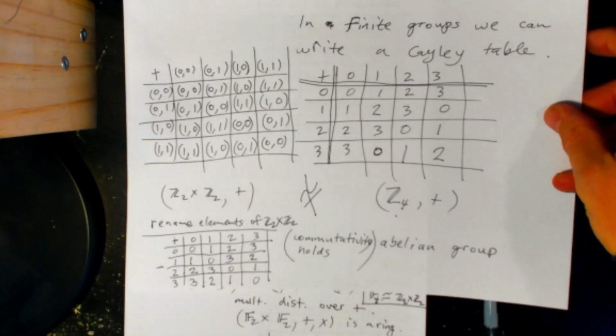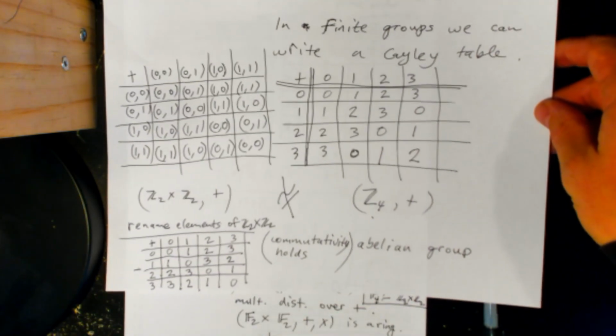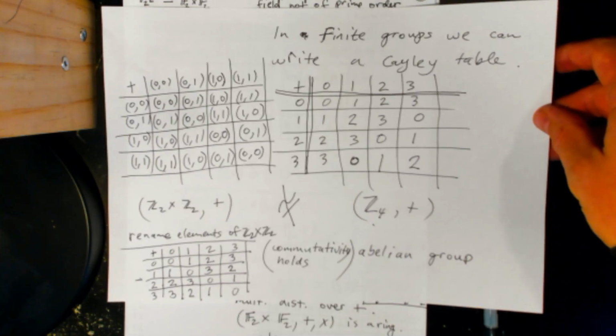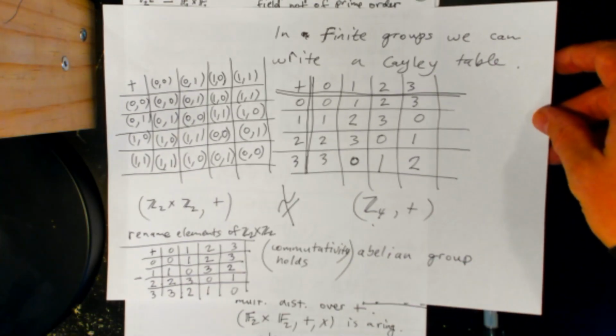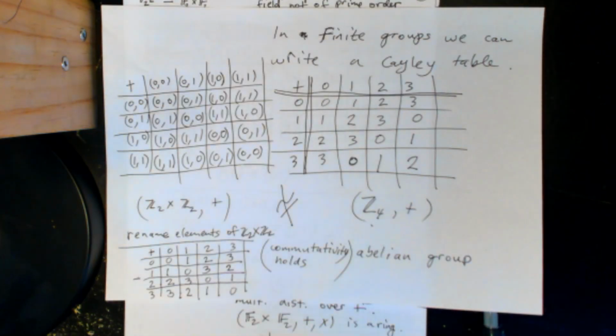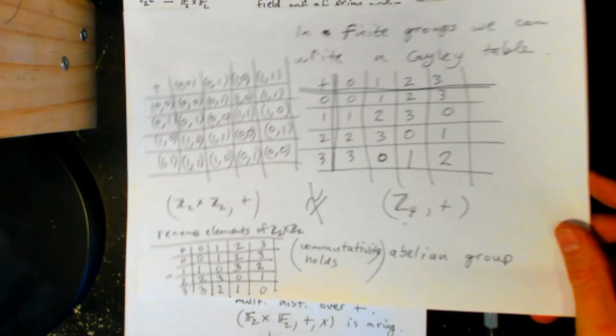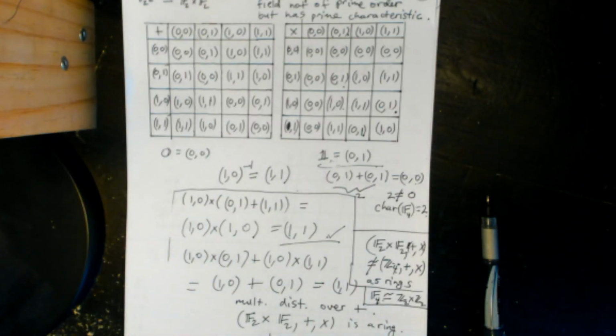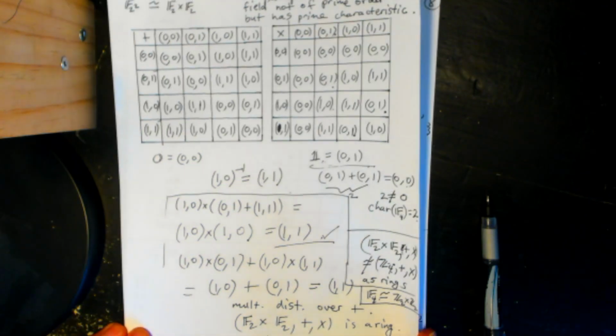Okay, it's on this page. Except it looks like I haven't written down the multiplicative Cayley table for integers mod 4 as a ring. Okay, so I'll have to leave that there then. All right, so moving on.